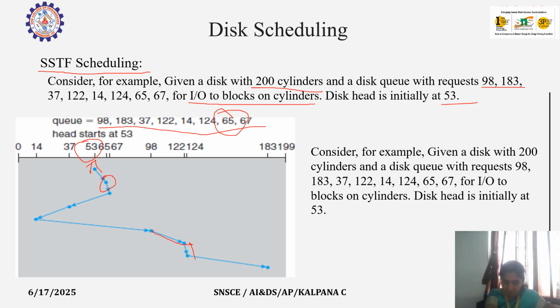Then when you reach the second one, 65, with this 65 you subtract 98, then 65 minus 183, 65 minus 37, like that. Always before processing a request, we need to check for the shortest seek time, pick that and process it. So this is how it happens.